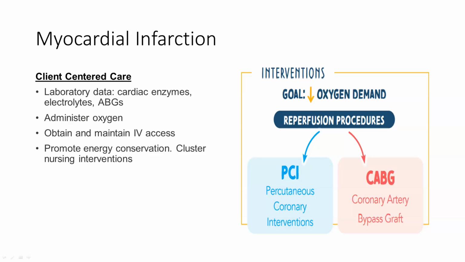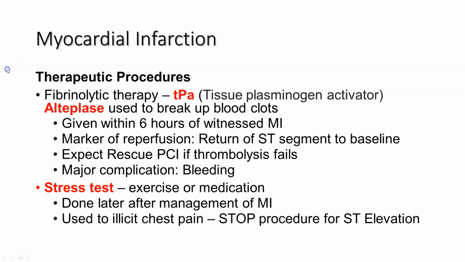I'll give you some images of what that kind of looks like. We've talked about thrombolytic therapy, right? So 6 hours of a witnessed MI. We want to see that ST segment return to baseline. If not, we may have to send them to the cath lab for thrombolysis if it fails.